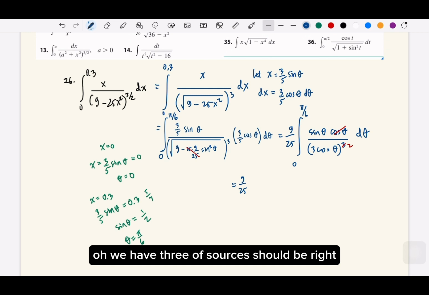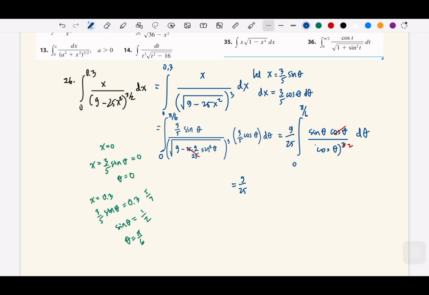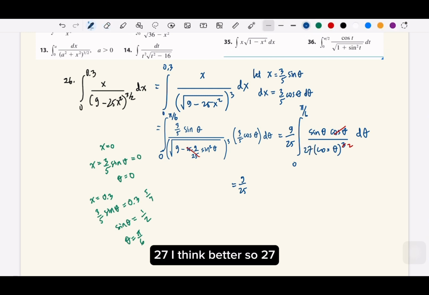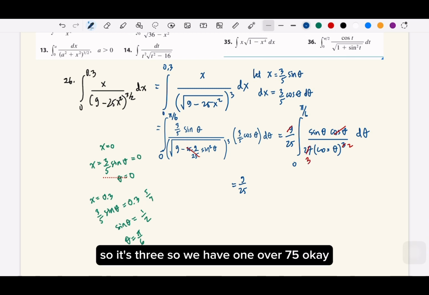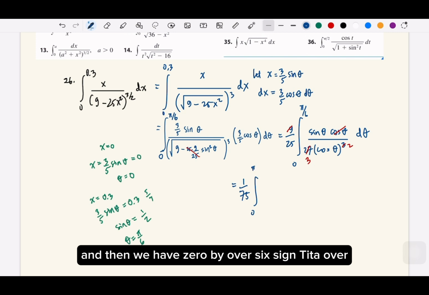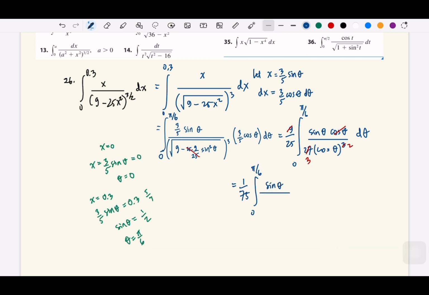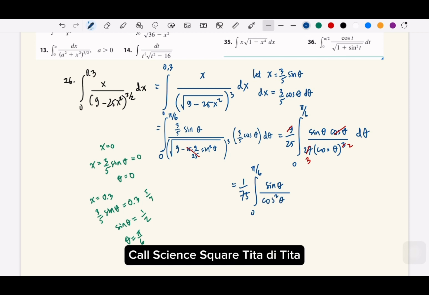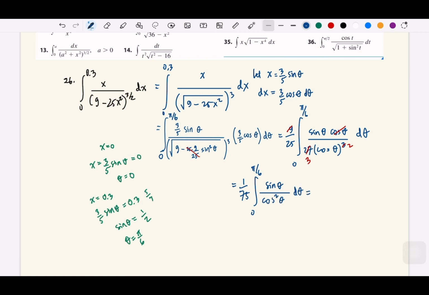Oh, we have 3. Oh, sorry, should be 27, I think, the better. So 27 cancels with 9, right? So it's 3. So we have 1 over 75. Okay. And then we have the integral from 0 to pi over 6 of sine theta over cosine squared theta d theta.